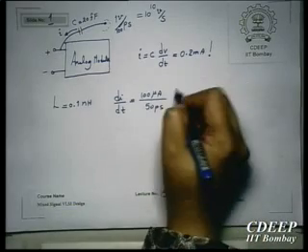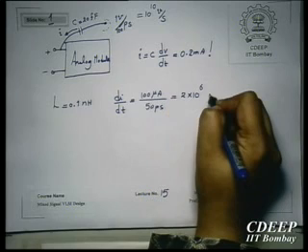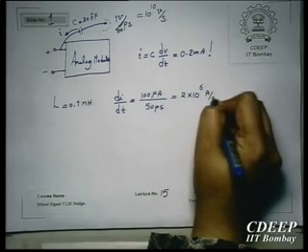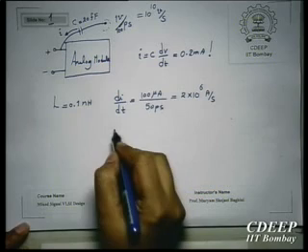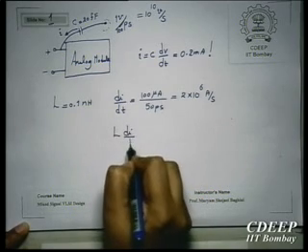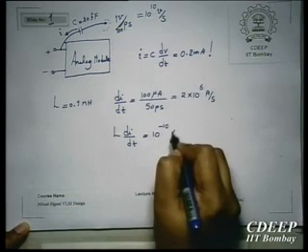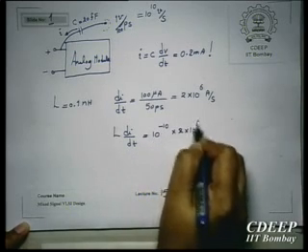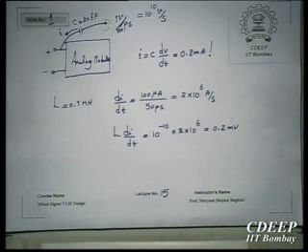This will give me 2 into 10 to the power 6 ampere per second, the slewing of the current. This is the transition speed of the current. Now, how much will be the voltage which is generated? This will be 10 to the power minus 10 into 2 into 10 to the power 6. This is just 0.2 millivolts. Therefore, in CMOS technology, actually capacitance is important, not inductance.